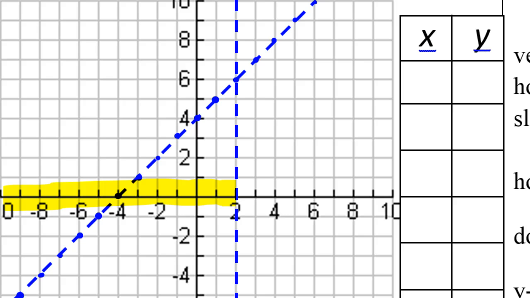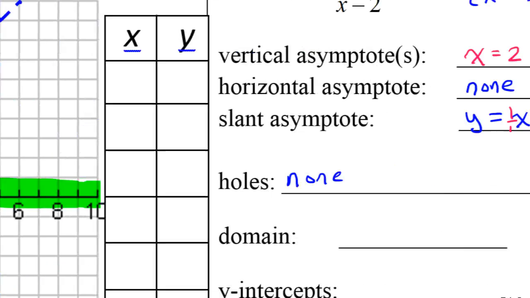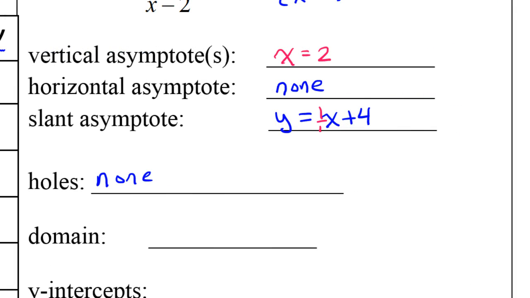And then I'm going to hop over the vertical asymptote and do the rest of my domain to positive infinity. So I'm going to have two branches of my domain, one representing this yellow area and one representing the green. So this is negative infinity to 2, and then 2 to positive infinity for my domain. Okay, so negative infinity to 2, union 2 to positive infinity.